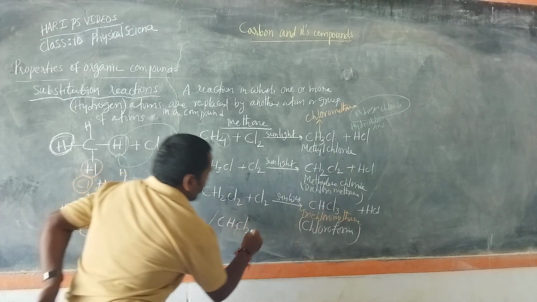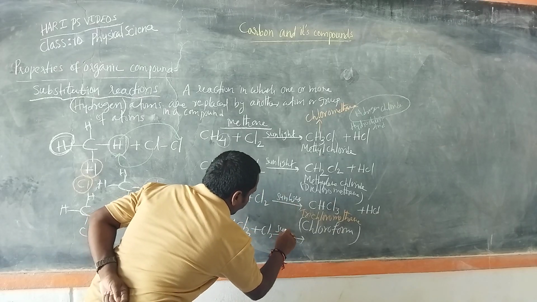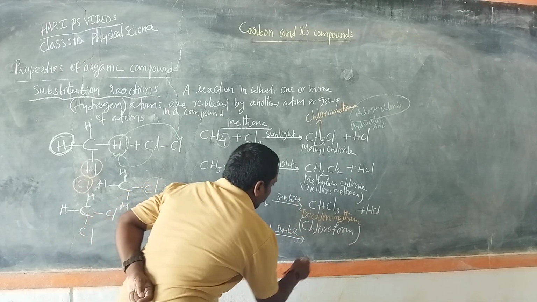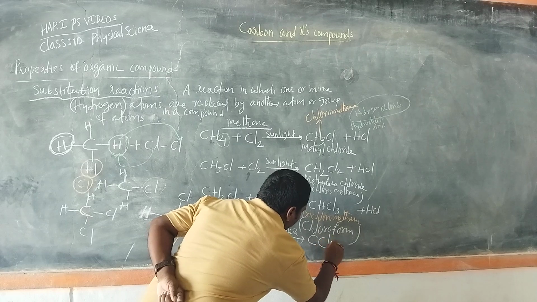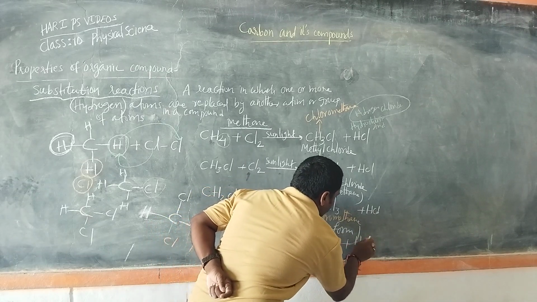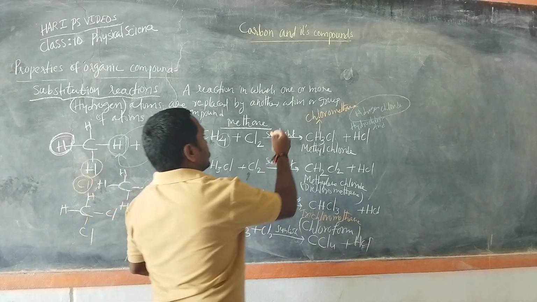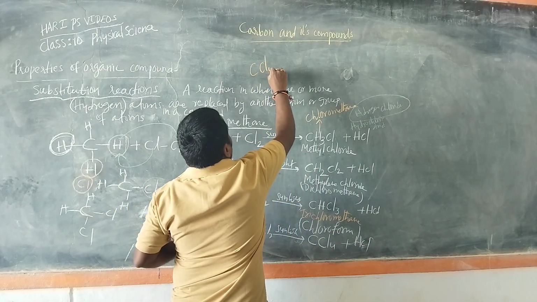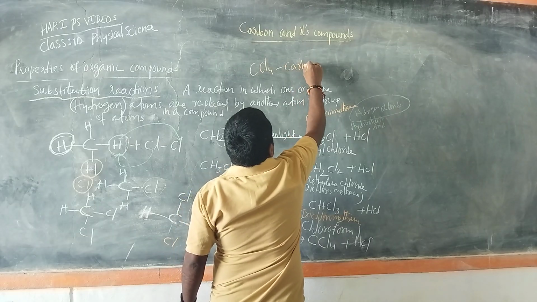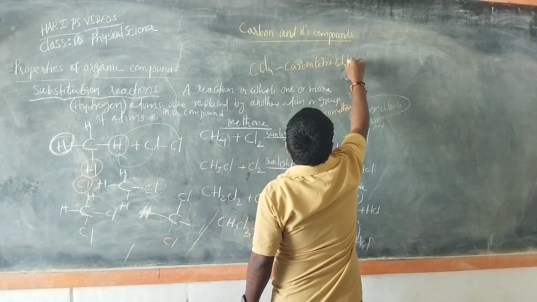Then this CHCl3 combines with chlorine as usual in the presence of sunlight and gives CCl4 plus HCl. This CCl4 is called carbon tetrachloride.